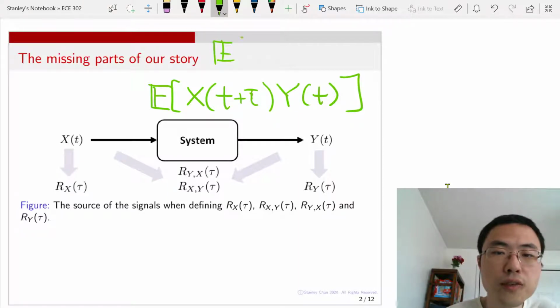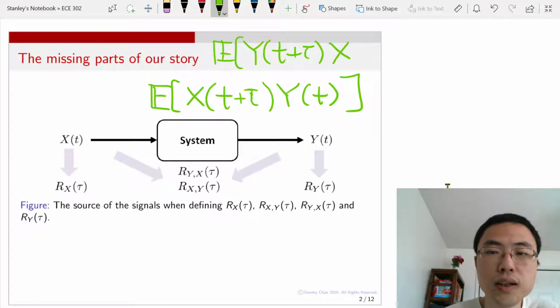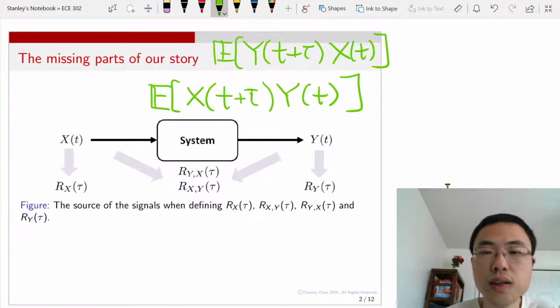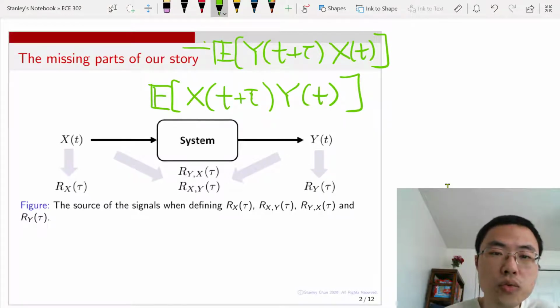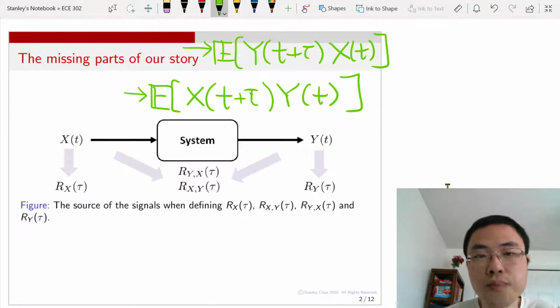Similarly, I can also define the quantity of y of t plus tau and x of t. These are more or less the same thing. Both quantities are telling us the correlation between one point in the input versus another point in the output.